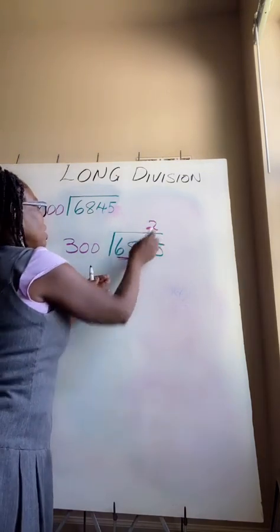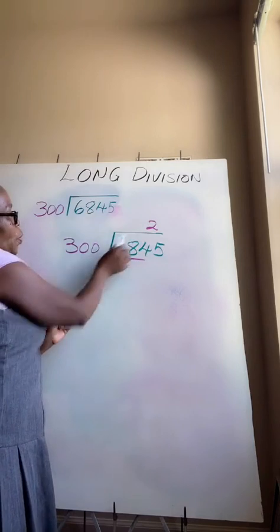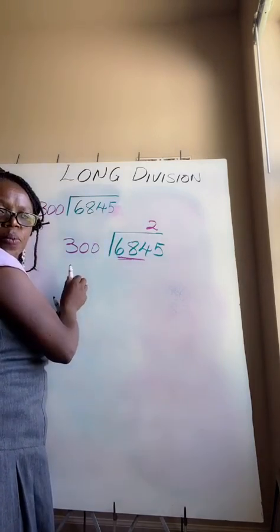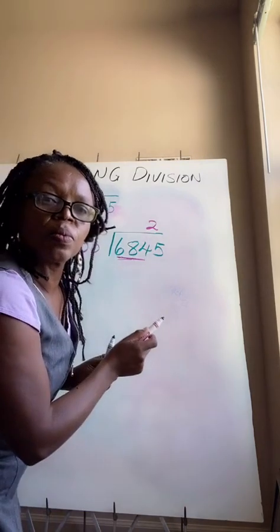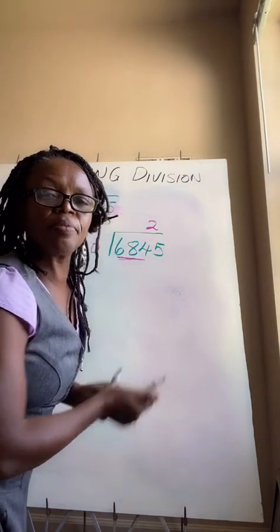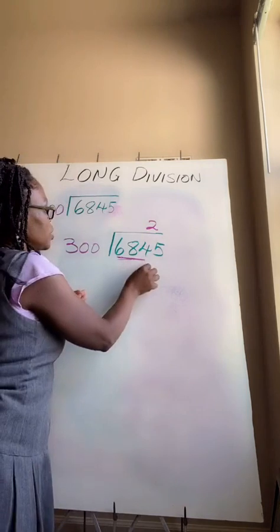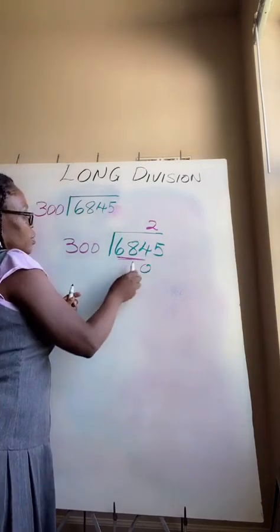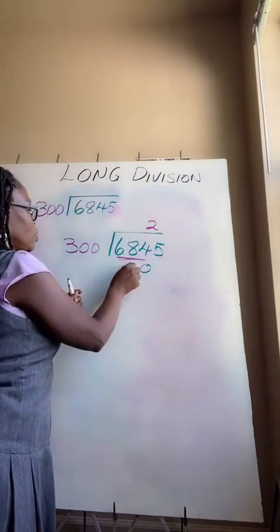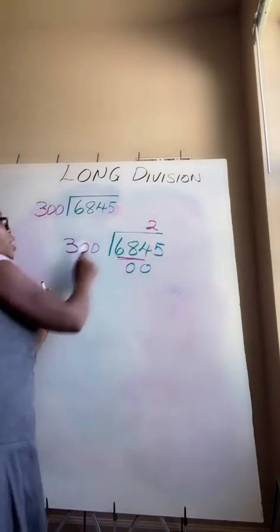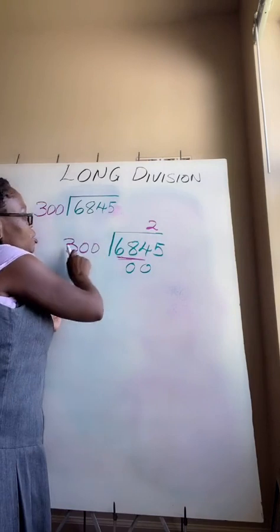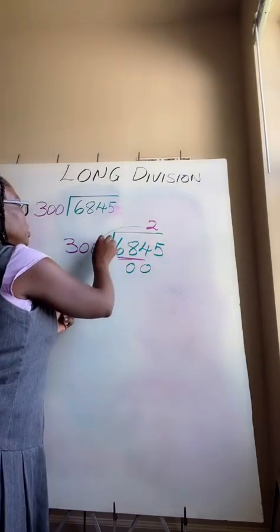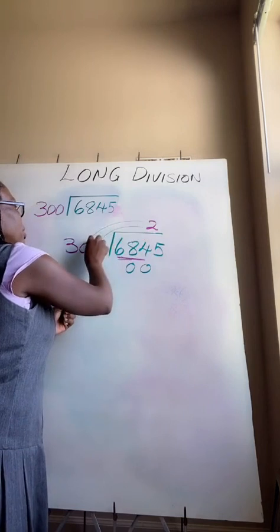What's 2 times 0? 2 times 0 is 0. You already said it's 0. And what's 2 times 3? I'm just basically multiplying that by this.